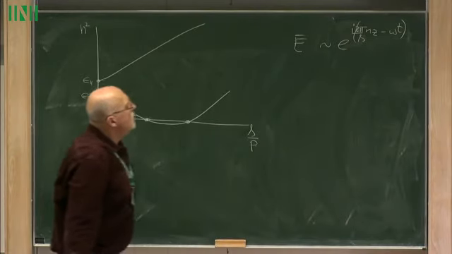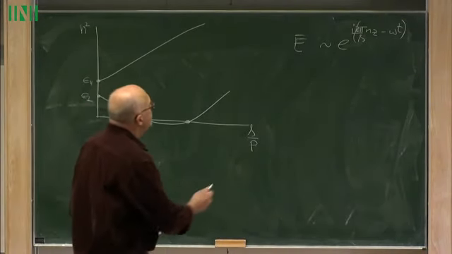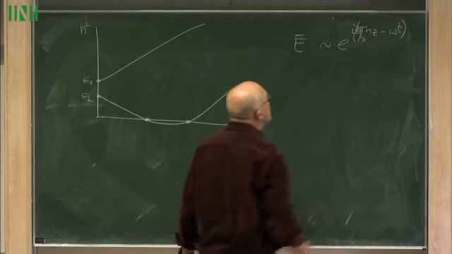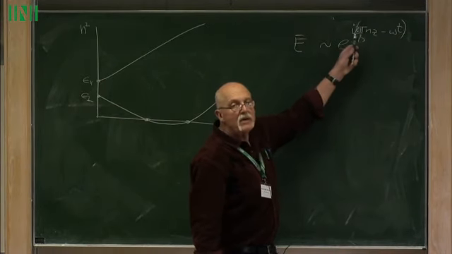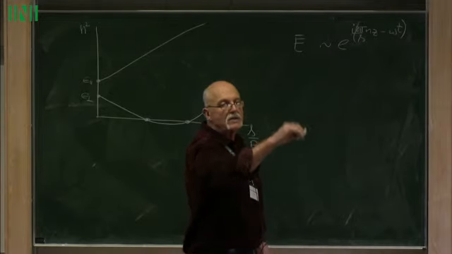And so what we see then is when n squared is negative, this point becomes imaginary, and we have a real number up here, and we have exponential decay or exponential growth.